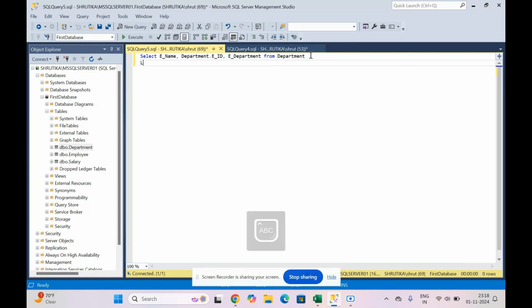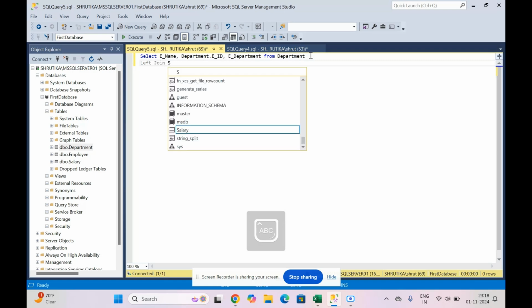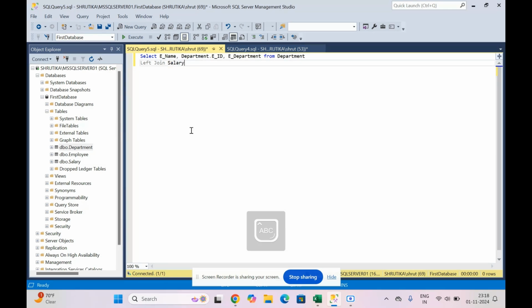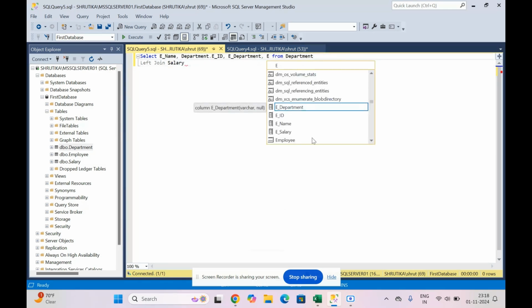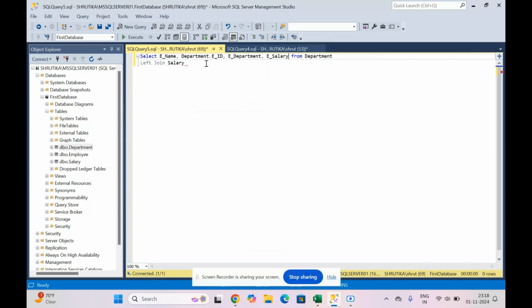Then I say left join second table, and from the second table I just want their salary, so I say salary. Now on what column to perform the join?